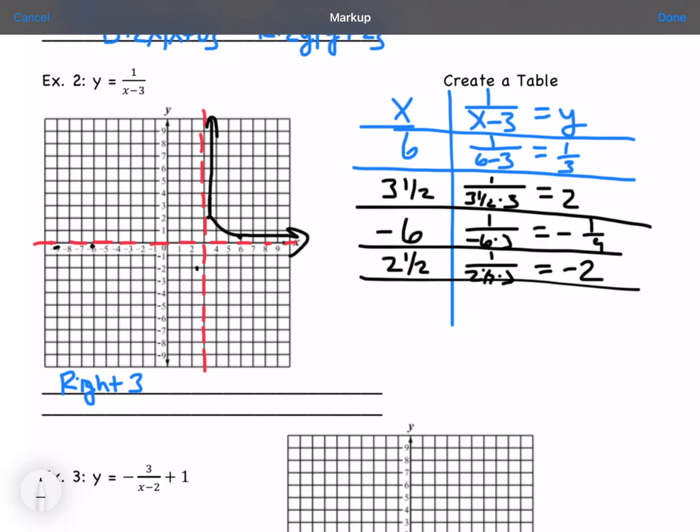And so this graph is going to look something like that. Okay? So if you can graph one side, the other side reflects basically about the origin. It rotates around.